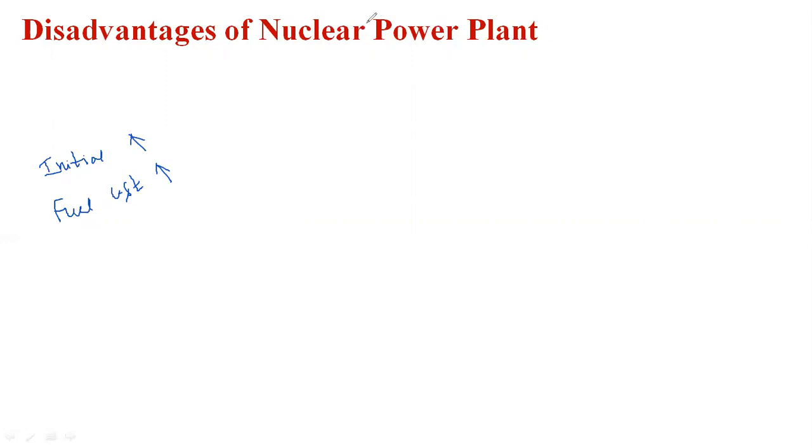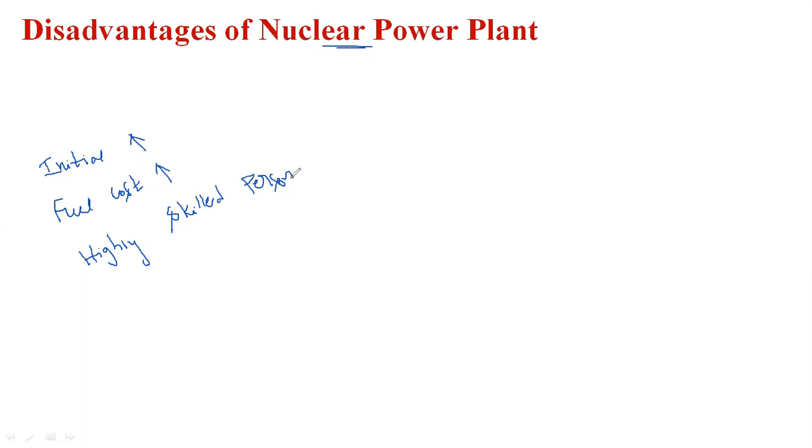And one more major drawback in the nuclear power plant is that at the time of erection and operation, a highly technical person is required. That is, a highly skilled person is required, because at the time of construction itself, we need to take n number of safety precautions. If the nuclear power plant releases radioactive substances, all living organisms are affected for a long duration.